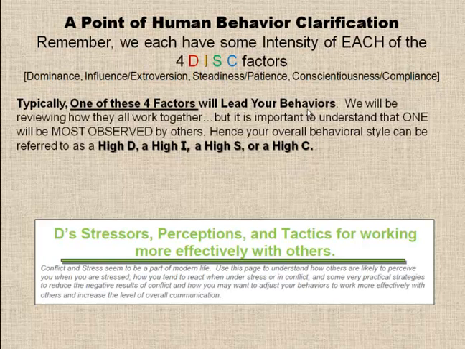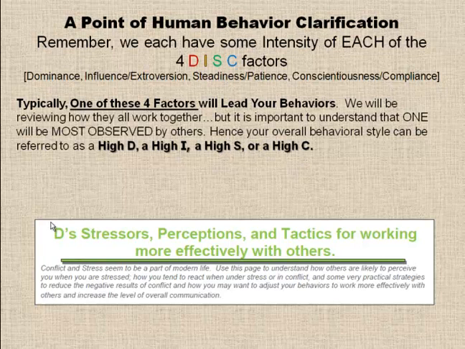It will be the strongest one, the highest scoring one. We're going to be reviewing how they all work together, but it's also important to understand that one of them will be the one that is most observed by other people. So we'll be speaking about an overall behavioral style. If the D is the highest, they would be a high D. If the S is your highest score, you would be a high S, etc.